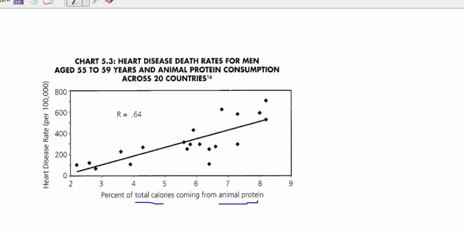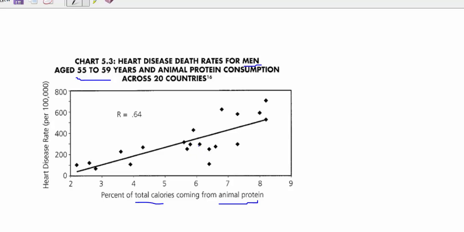There are different ways you can interpret it. I would say that as the total calories from animal protein increase, so does the rate of heart disease deaths. And this is for men from 55 to 59 years old.